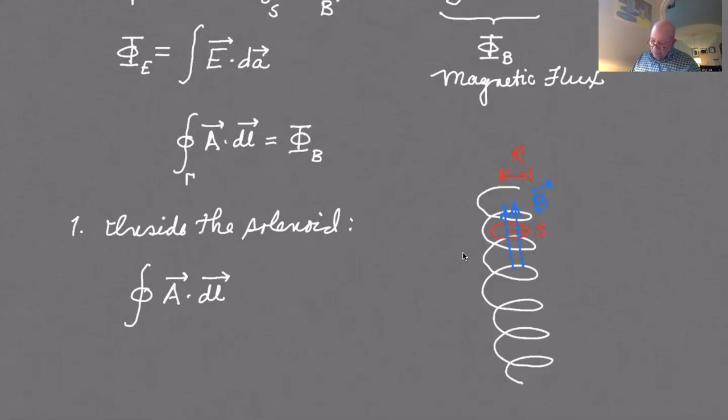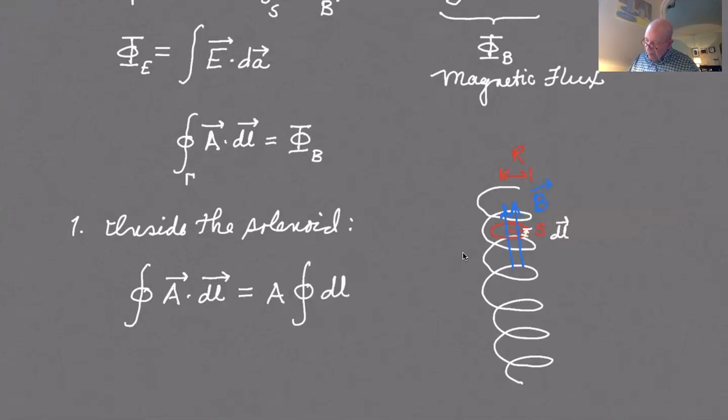So this then is going to be A times the integral around dl. The dot product will give you a cosine of, I'm sorry, cosine of 0 degrees.